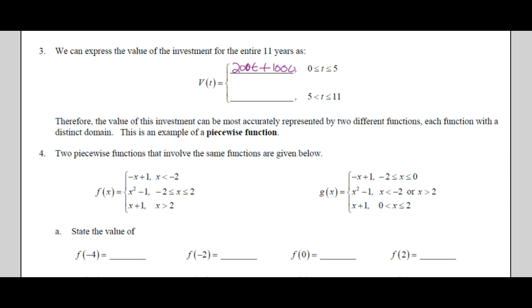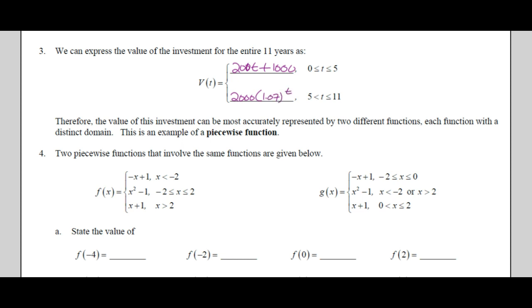And if you're between 5 and 11, now notice the 5 can't be greater than or equal to on both of them, right? Because at 5, it's between 0 and 5 inclusive, and then not including 5. So any amount of time over 5 years, but up to 11 years, was the 2,000 times 1.07 to the power of t.